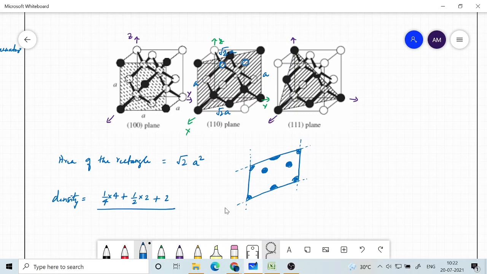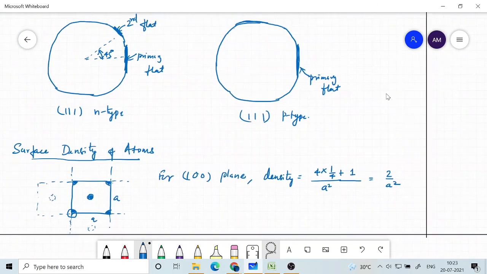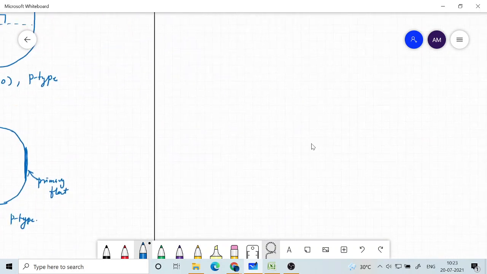So now this divided by root 2 a square. So this is 1, this is also 1, and this is 4 by root 2 a square. Okay, so I think in the earlier calculation, did I put the a square? Yes, okay, 2 by a square.